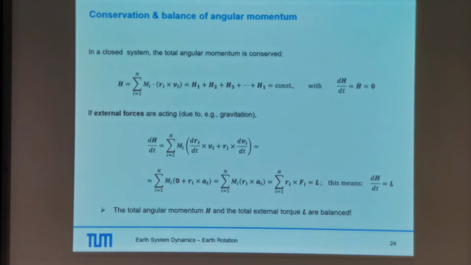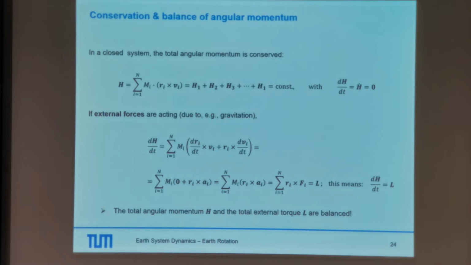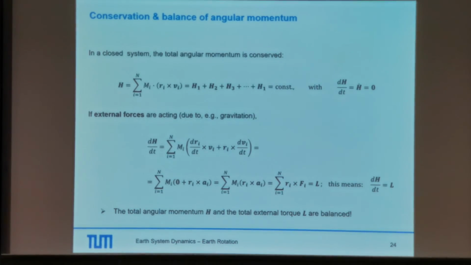So the gravitational acceleration, or acceleration caused by the sun, moon, and other planets. We have here this equation, which means that the external torque L and the total angular momentum are balanced to a certain extent. And this is already the second quantity.